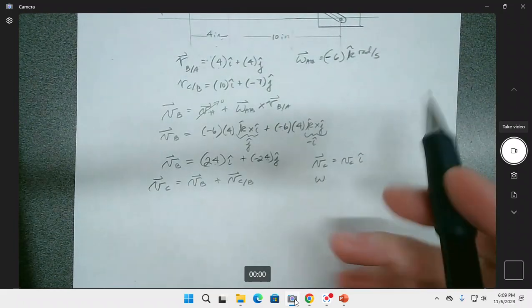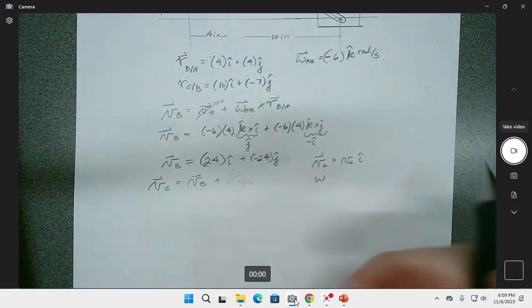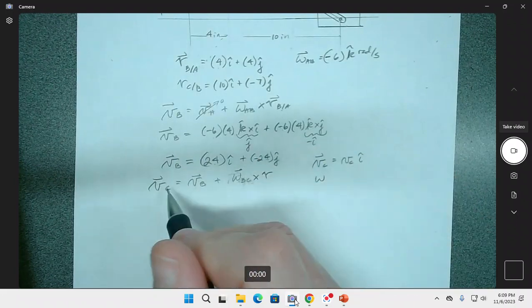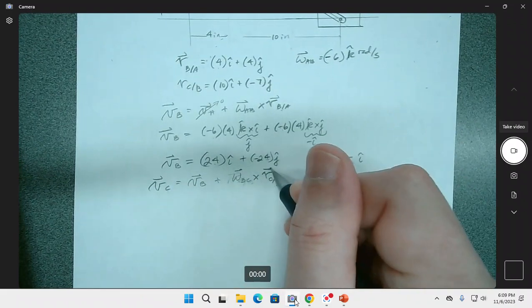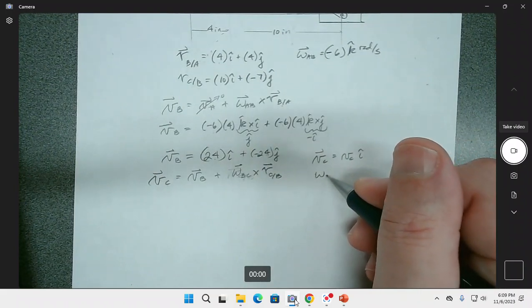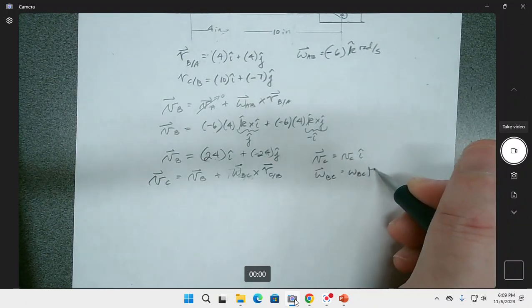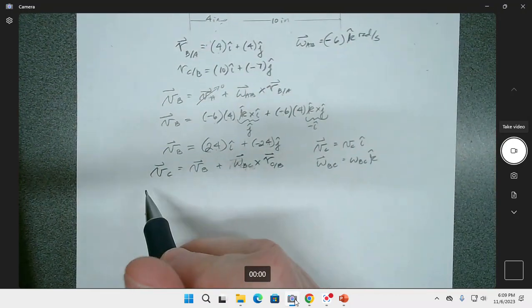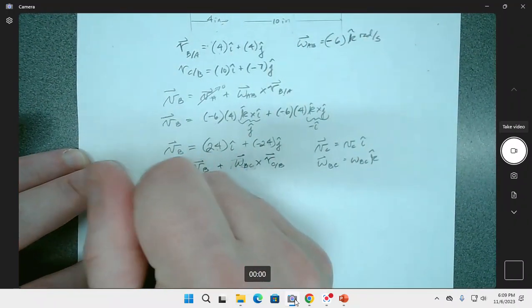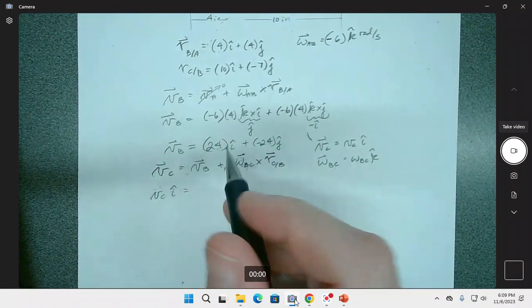That velocity of C with respect to B, of course, we know is also omega BC crossed with R, C with respect to B. So that omega BC is equal to omega BC K. So velocity of C is going to be, let me replace that with the speed of C times I.